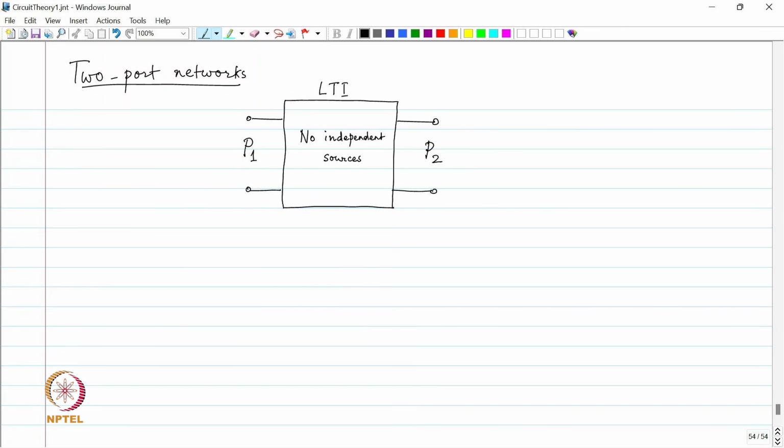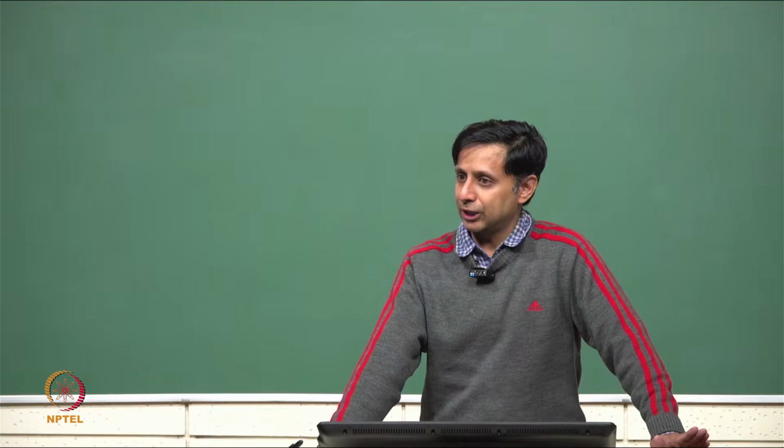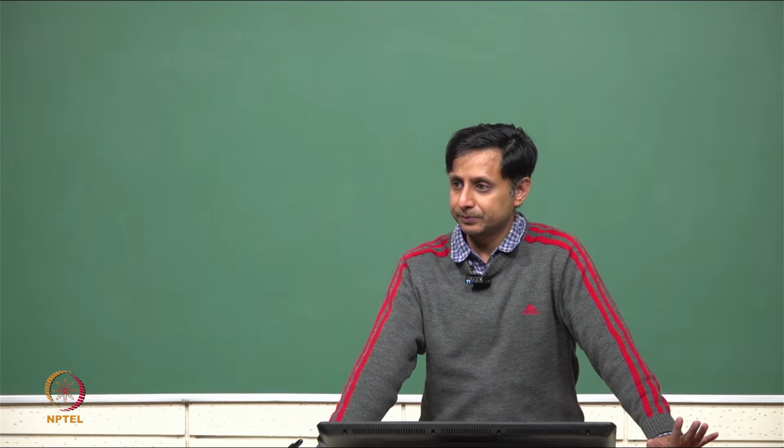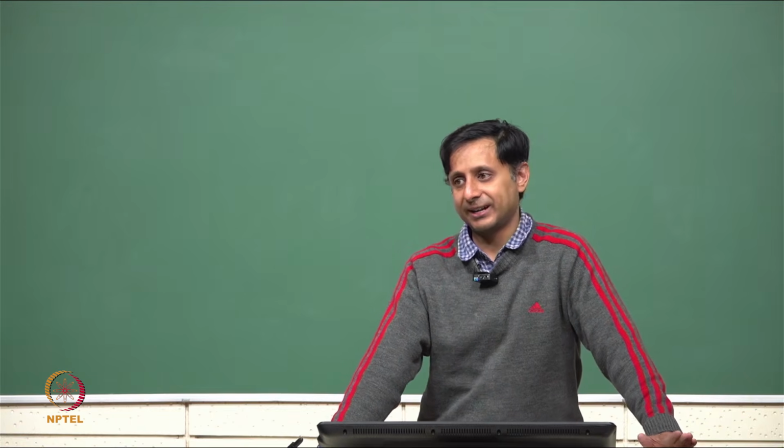It is vital that this network not have any independent sources inside. None of this theory will apply if we throw independent sources into the network. All of this entire module will collapse. So, no voltage source, no current source, but dependent sources are allowed.